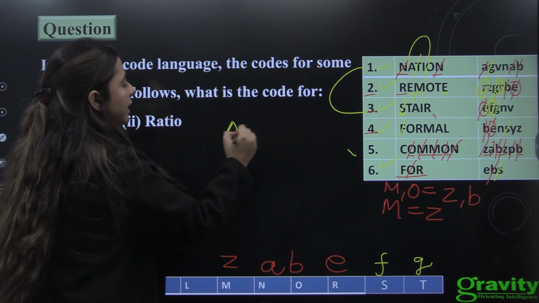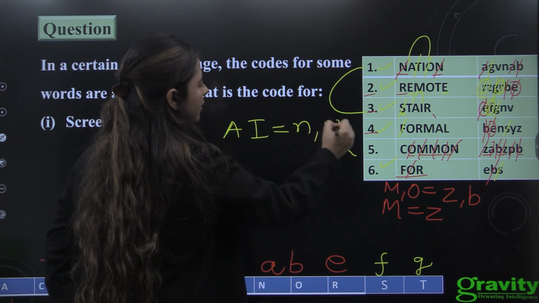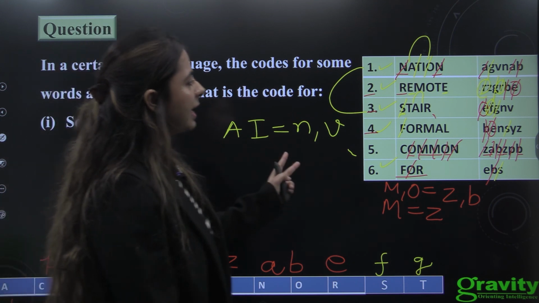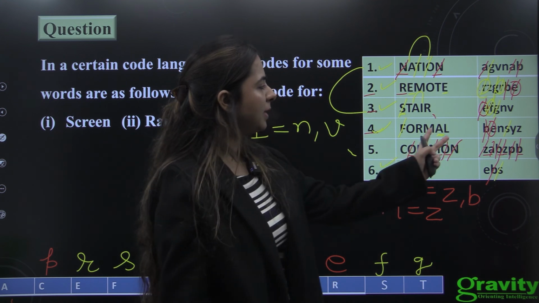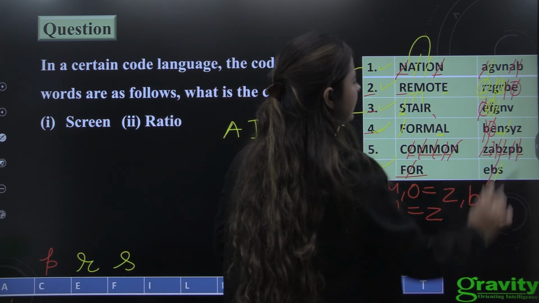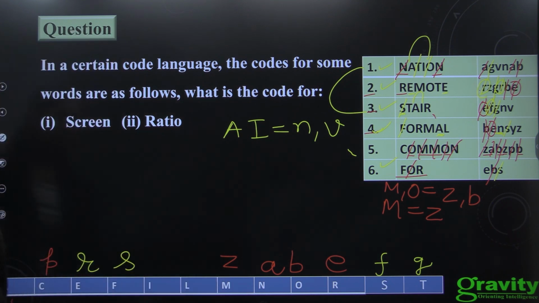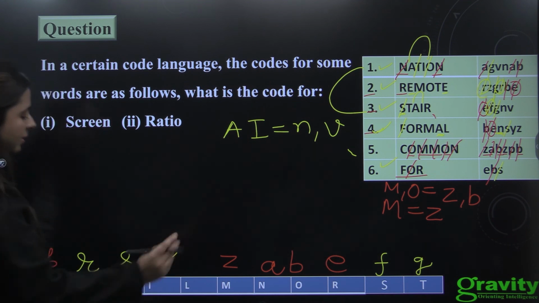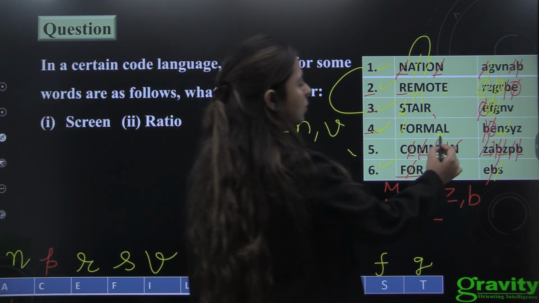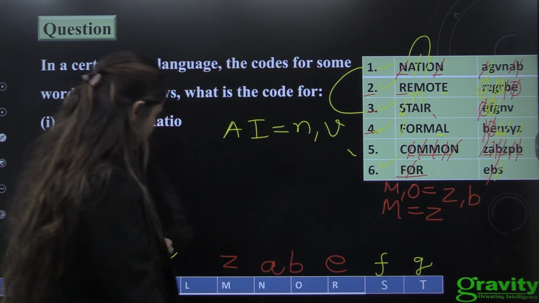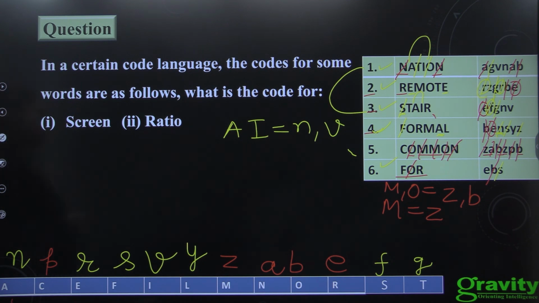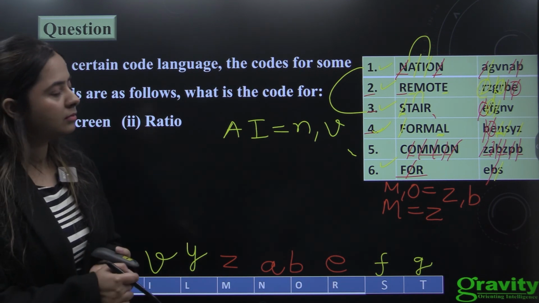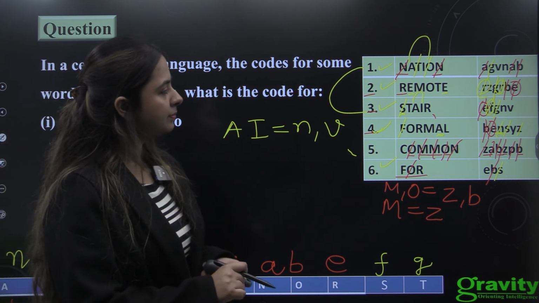So A and I, any which one between N and V, but then A is here in 4 as well, in formal, no I, and N is here, no V. So A has to be N, then I is V. For L, the only code left here is Y. L has to be Y. Is this clear, everyone?